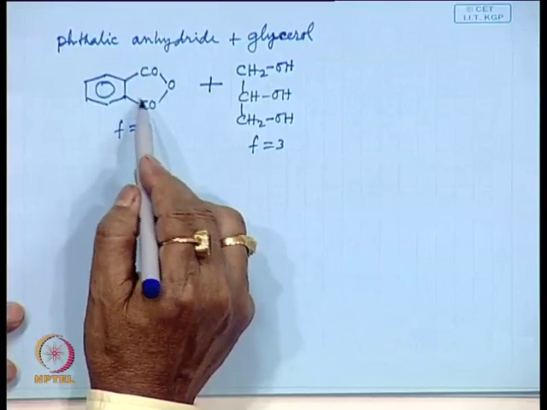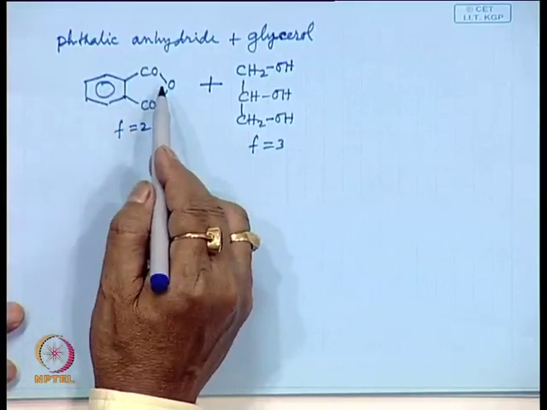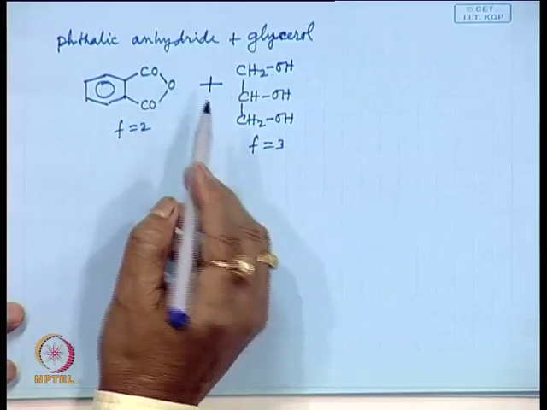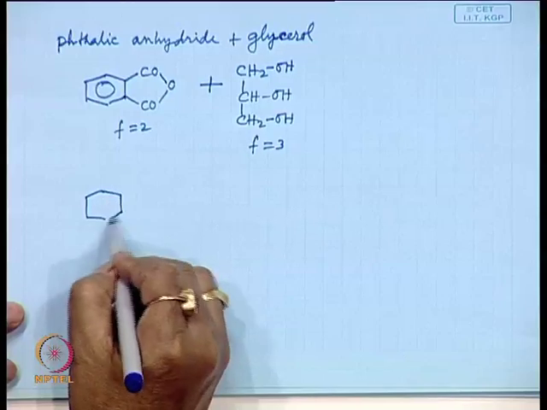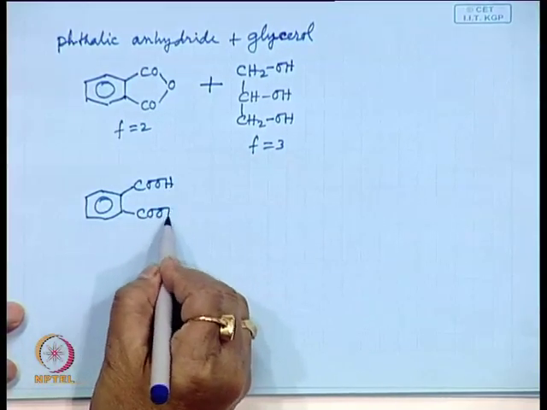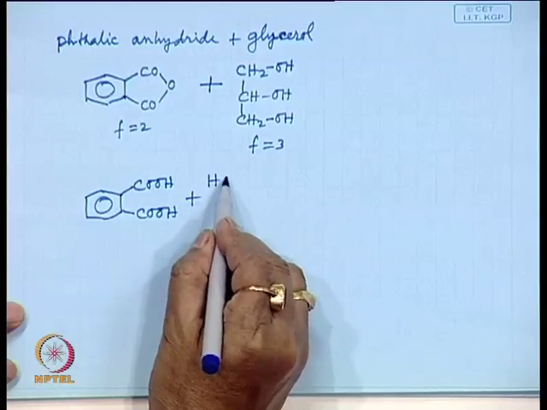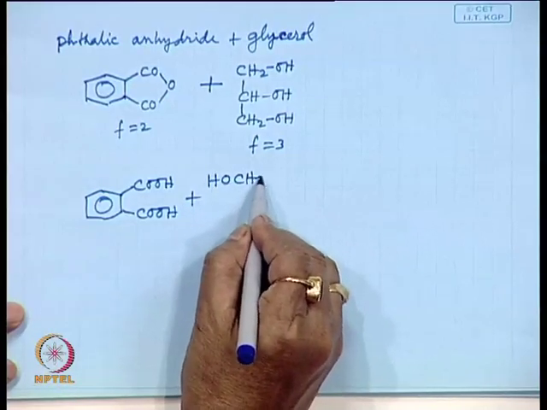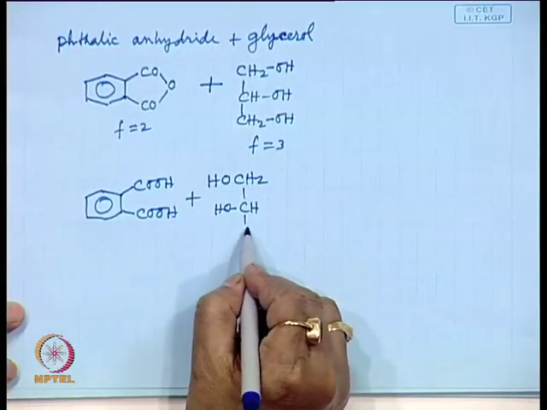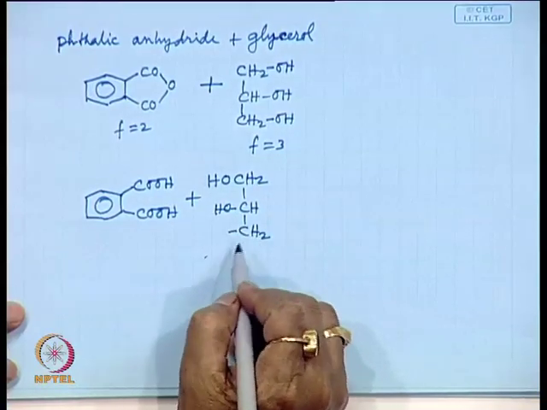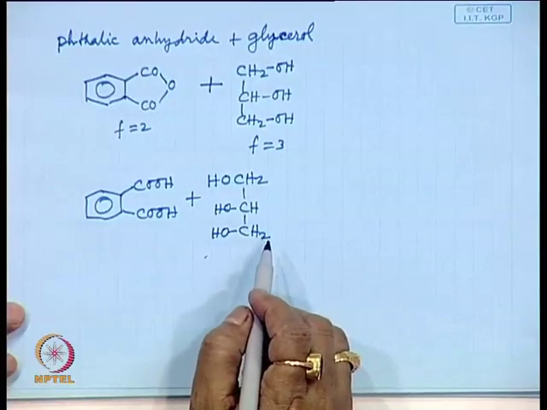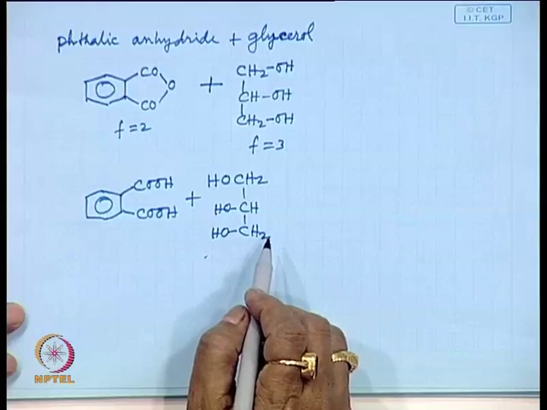If you add water to this compound, the anhydride ring will open, forming two carboxyl groups. So, in effect you will get this. Glycerol is an alcohol, a trifunctional alcohol, a triol.